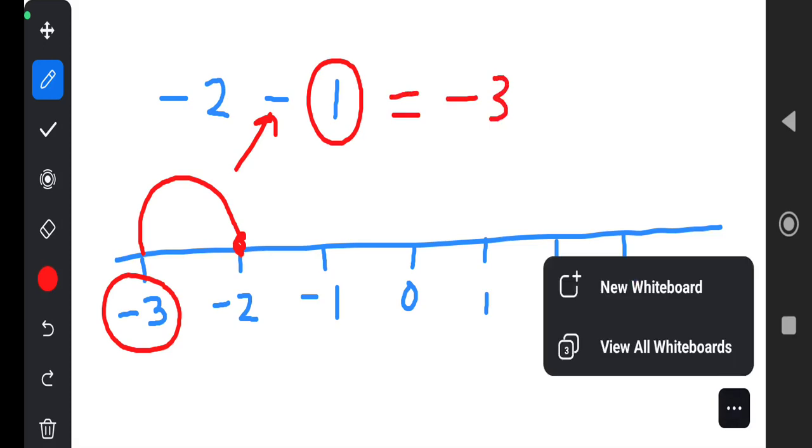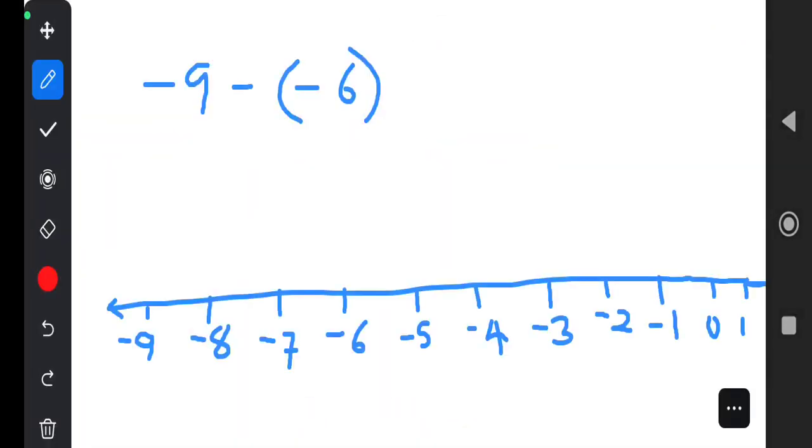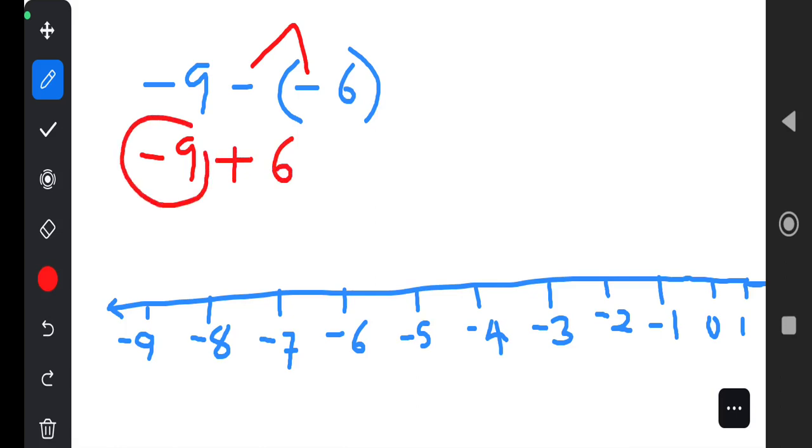Let's look at the next question. To do this particular question, you write -9 again, then you do minus times minus, that gives you plus. Write the 6 in the bracket, then you start with -9. Where is -9 on the number line? -9 is where you have the red dot.